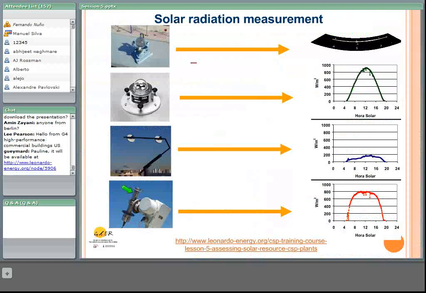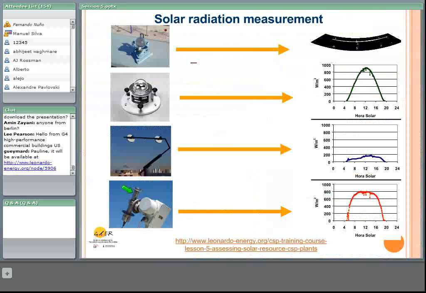There are other devices. For example, there is a combination of a pyranometer with a shadow band. It's the rotating shadow band radiometer, which measures global and diffuse irradiance and, through different models, mainly the conservation equation corrected with some models, permits to estimate or calculate the direct component.